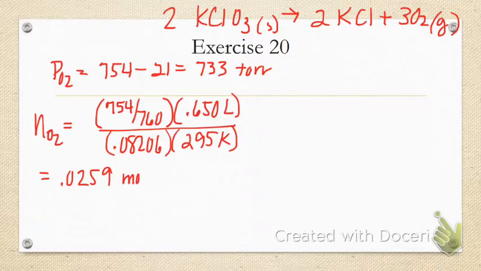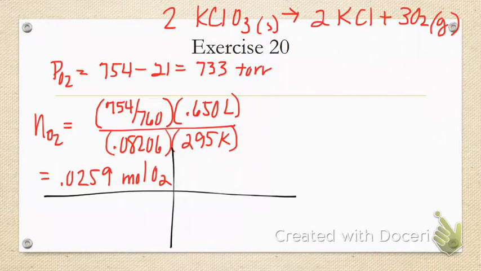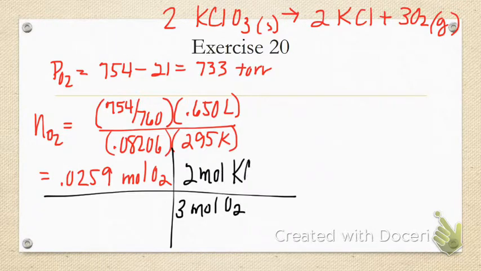moles of oxygen. So once I do that, then I can use my mole ratio and molar mass of potassium chlorate that was decomposed. So let's show that we're doing the next step by a new color. From the balanced equation, for every 3 moles of oxygen that was produced, there were 2 moles of potassium chlorate decomposed.